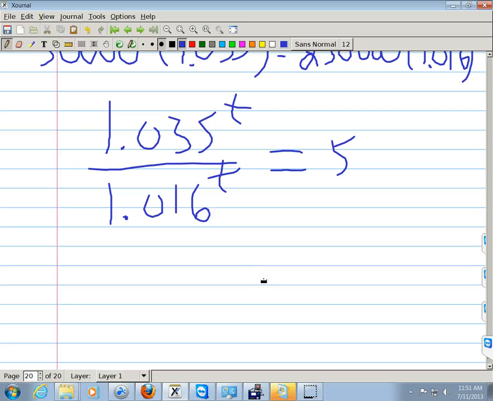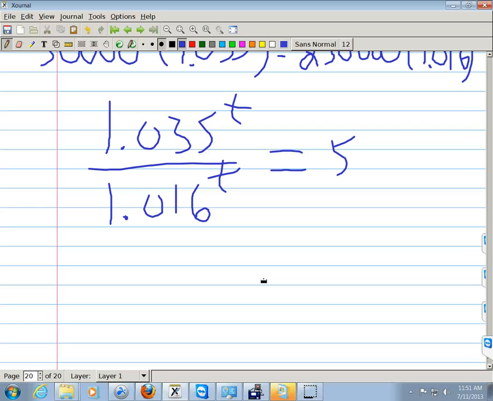If I log both sides, I don't care which side, how about ln? I'm going to log both sides, but when I log that, it's going to be log of stuff minus log of stuff. Right, exactly.